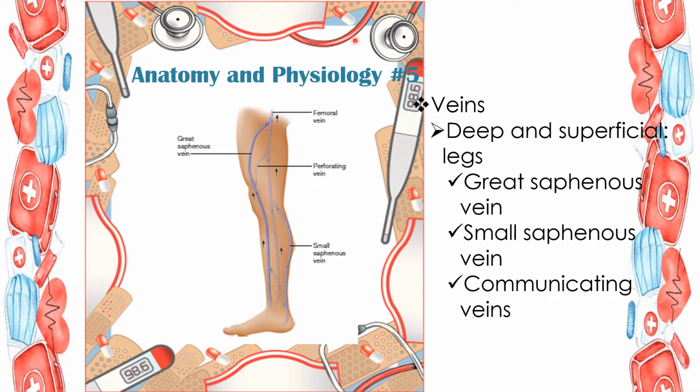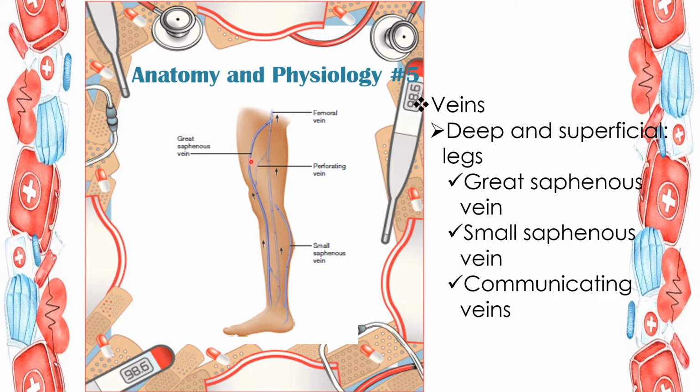Okay, so the superficial veins are subcutaneous with relatively poor tissue support. They are the following, the deep and superficial veins in the legs, known as the great saphenous vein, the small saphenous vein, and the communicating vein. Okay.